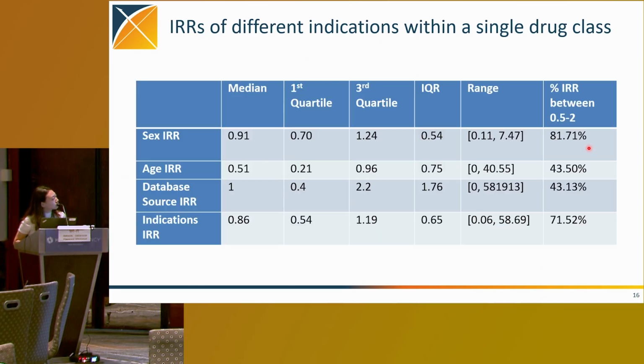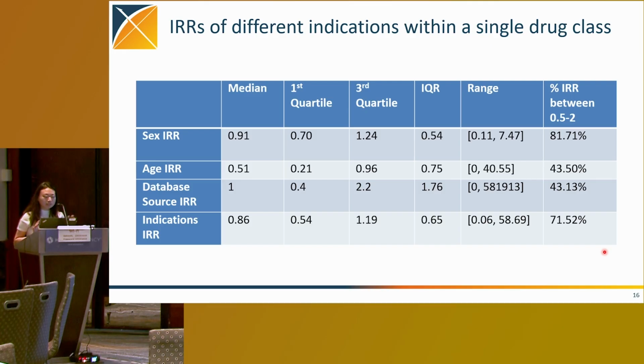Oh, you can't see my cursor. I've been doing this the whole time. Okay, now, you see this right here, which shows that whatever this particular outcome is, the incident rate is pretty different between beta blockers used for heart failure versus beta blockers used for myocardial infarction.